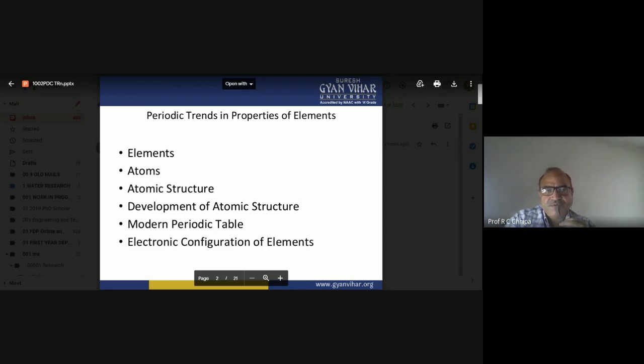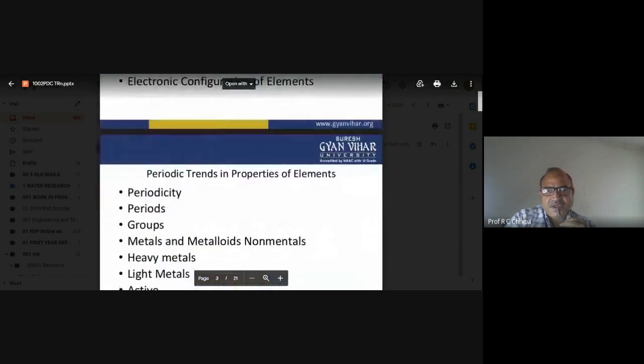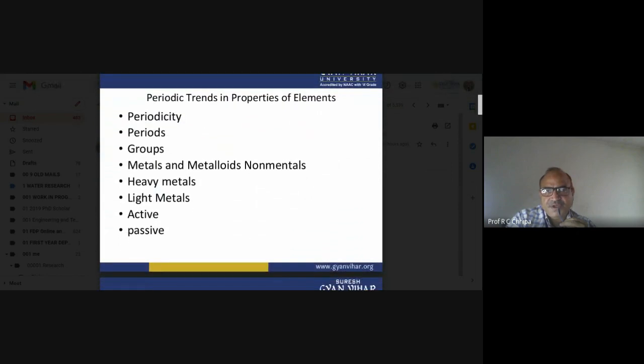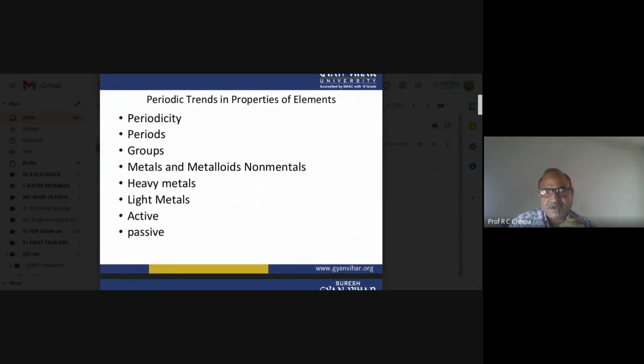Now we come to the next part, where we have to look at periodicity, periods and groups, and metals, metalloids, non-metals, heavy metals, light metals, active metals and passive metals. Periodicity occurs in the properties when we continue adding electrons as per the electronic configuration.